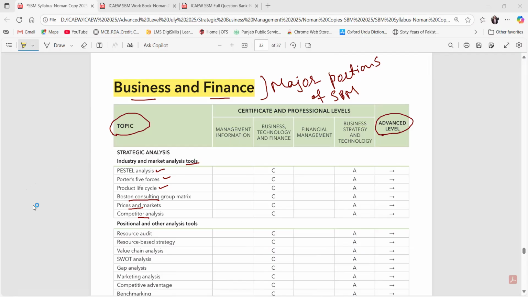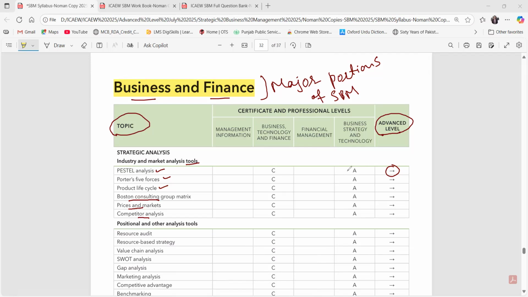And all of these models, all of these points are at A level. When we have this sign, what does that mean? It means this has been carried forward from your previous element, from your previous symbol.